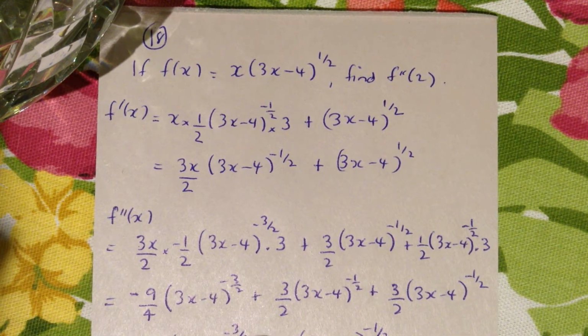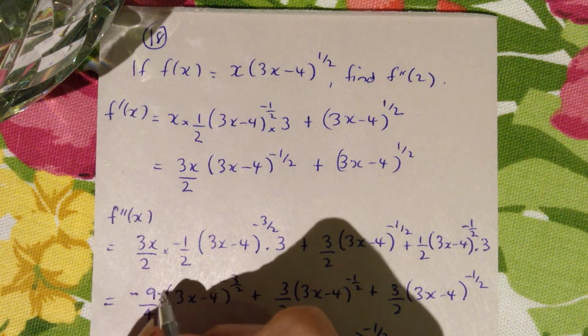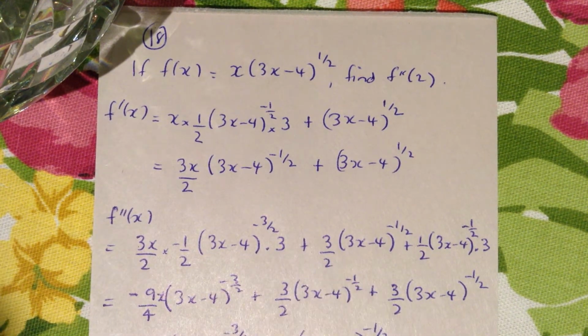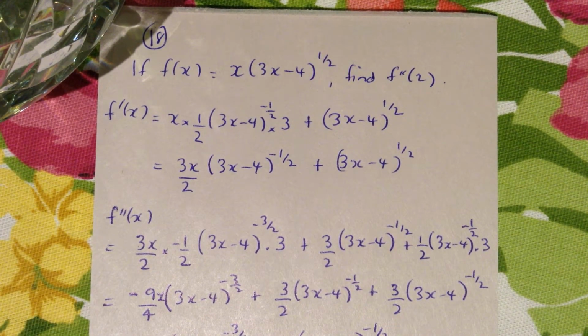We're going to find f double dash of 2 by substituting 2. By the way, I think I've forgotten an x here. That x has to come down. And I don't think I've forgotten anything else. So f double dash 2 means we substitute 2 into every x that we see.